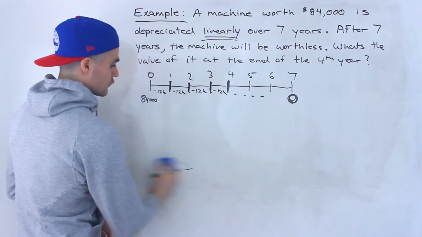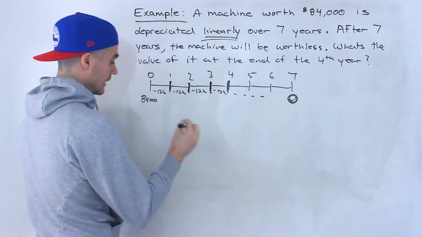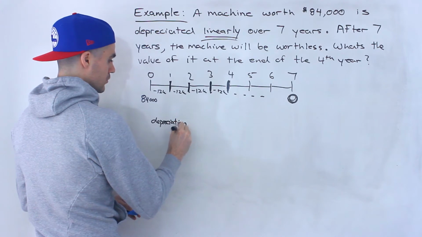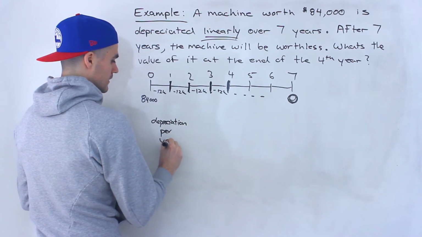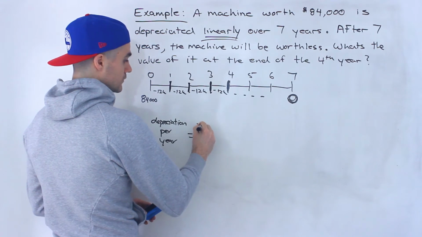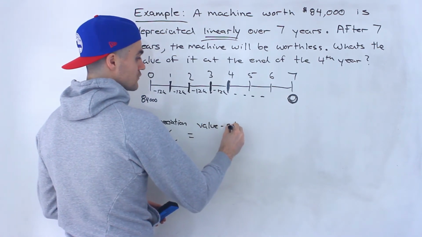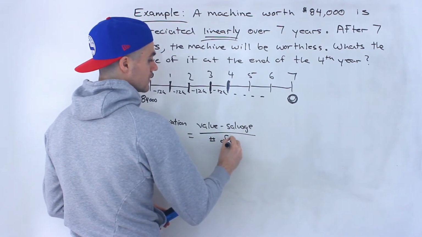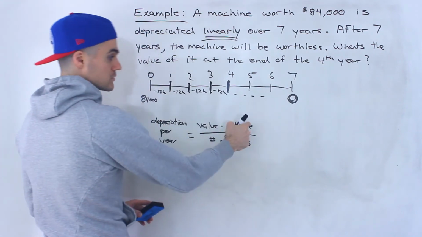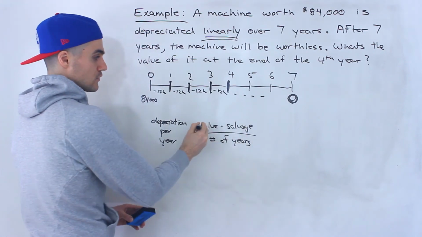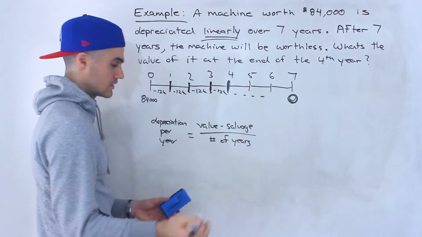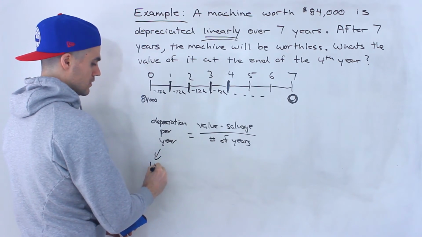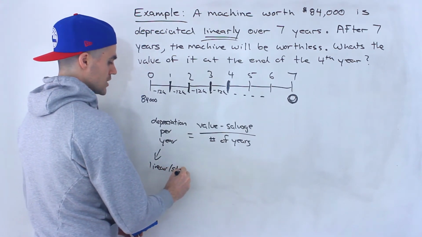So basically, for straight line depreciation, the depreciation per year is equal to the value now minus whatever the salvage value is going to be, over the number of years from now till that salvage value. In this case, we had 84,000 minus 0 over 7. That's how we got the depreciation per year, which was 12,000. Remember, this is for linear or straight line depreciation.